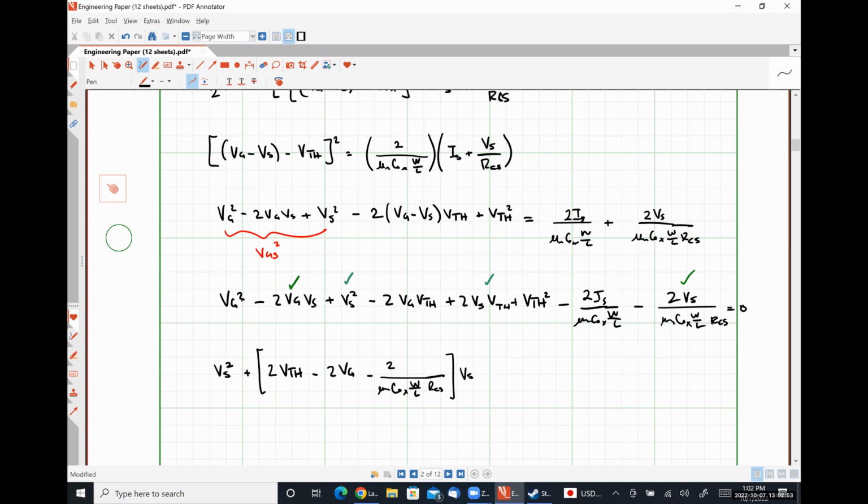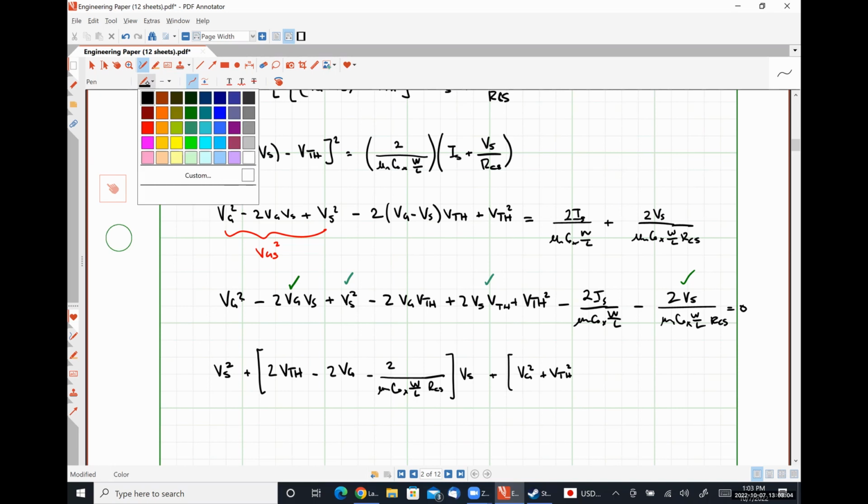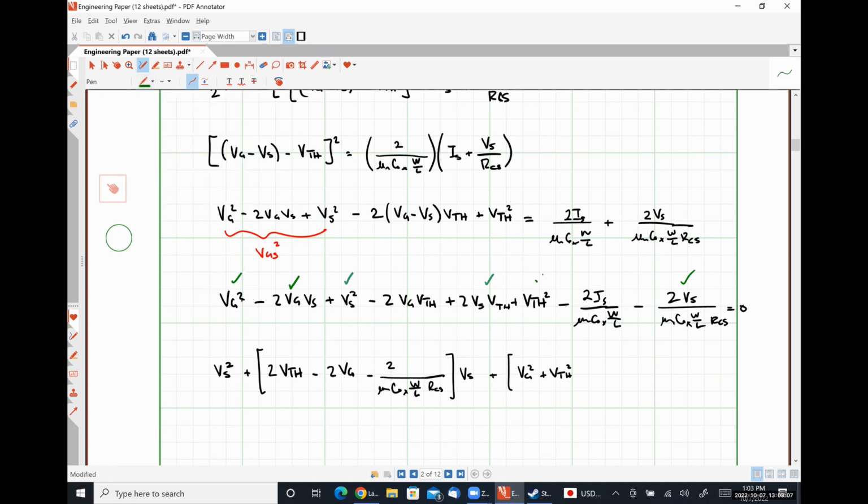And then I also have VG squared plus VTH squared, this guy and this guy. And then I have minus 2 VG VTH minus 2 IS over mu n Cox W over L equal to 0.